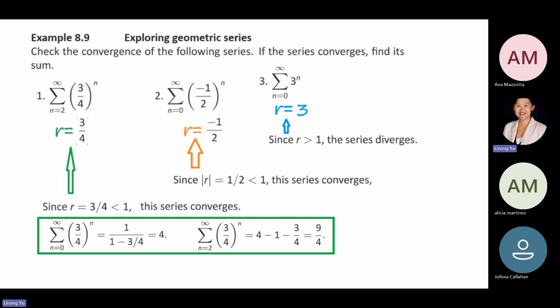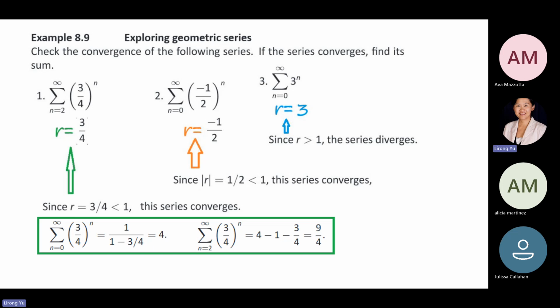Applying the formula to the first one: it starts from n equal to 2, right? The formula applies when you start from n equal to 0, which equals 4. But that one starts from 2, which means the initial terms, n equal to 0 and n equal to 1, have to be subtracted. So we compare the two.